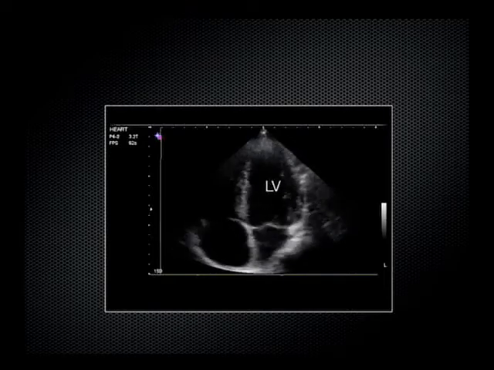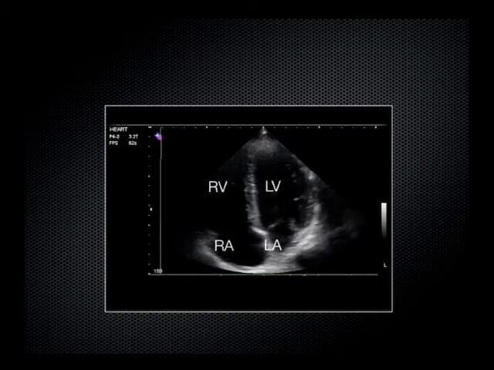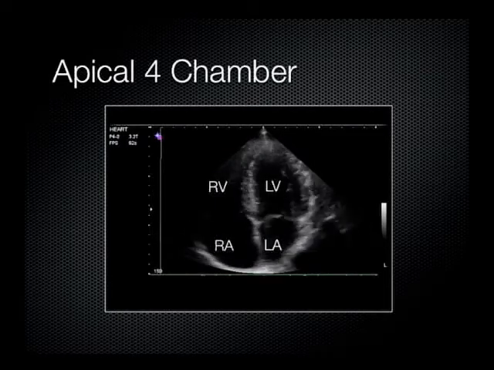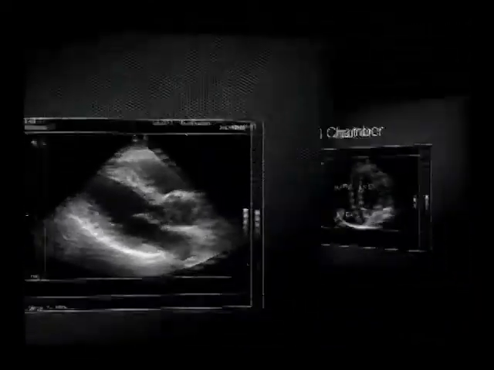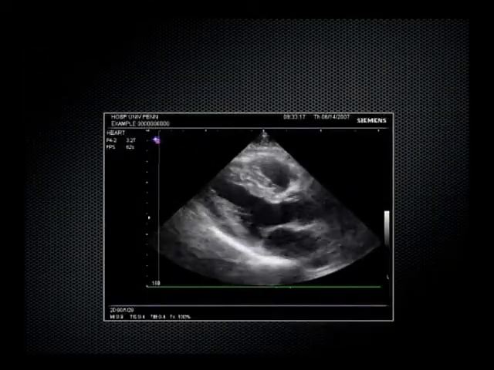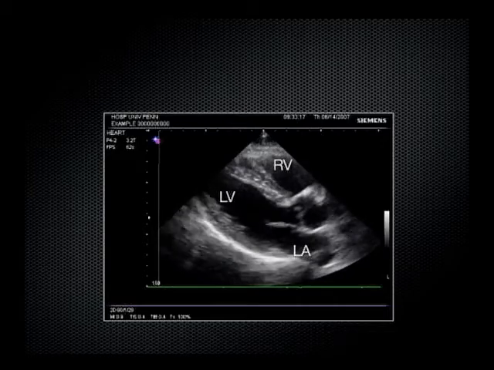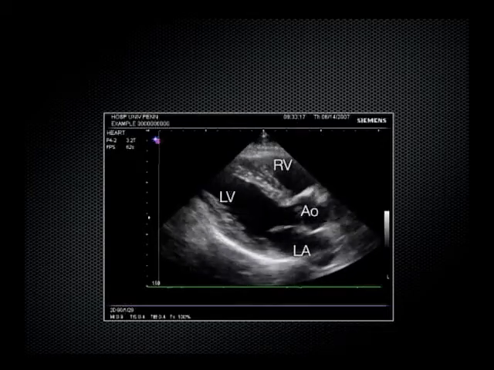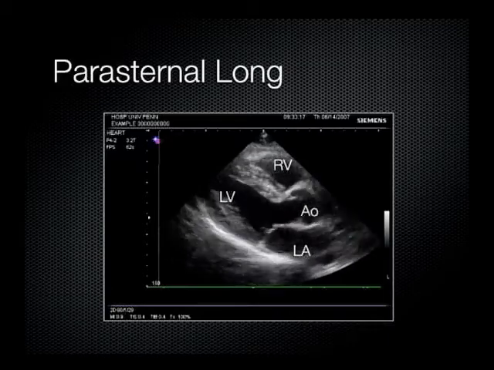We have the left ventricle here, the right ventricle, left atrium, and right atrium. And this is the apical four-chamber view. Again, here's the left ventricle, right ventricle, left atrium, and the aortic outflow tract. And this is the parasternal long axis.